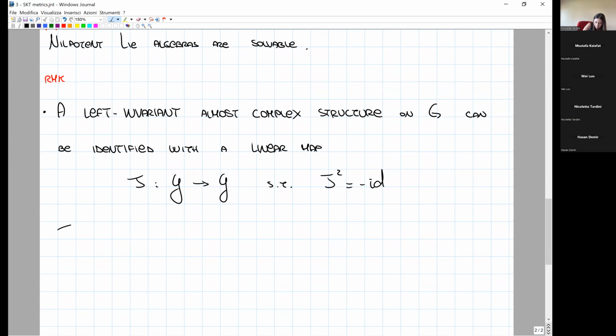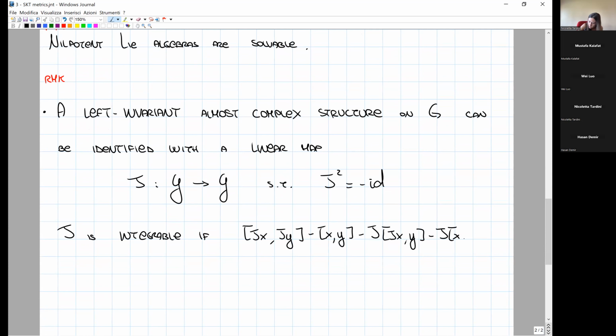And J is integrable if the Nijenhuis tensor vanishes, which means that the commutator of JX, JY minus the commutator of X, Y minus J the commutator of JX, Y minus J the commutator of X, JY is equal to 0 for every element X and Y in the Lie algebra G.